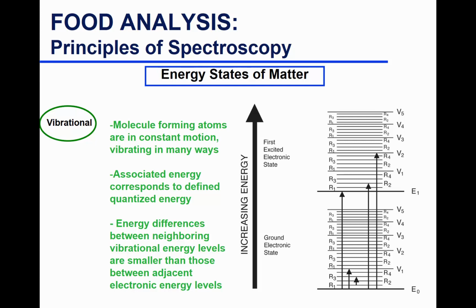Each bond is always vibrating, either stretching or bending. That vibration is a vibrational energy. It's associated with IR radiation. In this case, the allowable energy is within the range of the IR radiation.